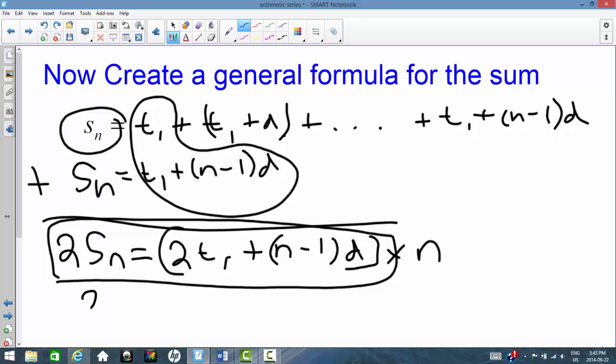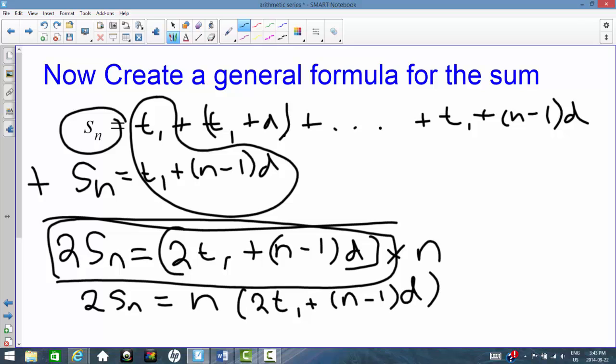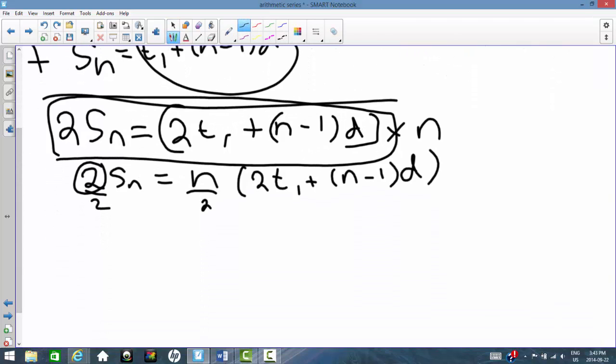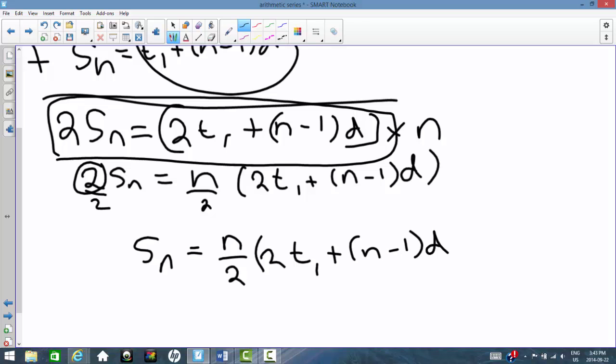So we have 2 times the sum is n times 2t1 plus n minus 1 times the common difference. Now let's get rid of this 2 by dividing, and we do the same thing over here. So that means the formula is Sn is n over 2 times 2t1 plus n minus 1 times the common difference.